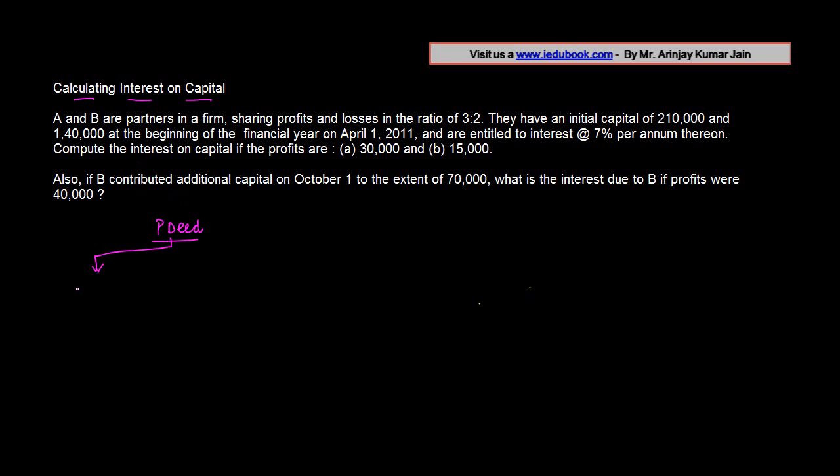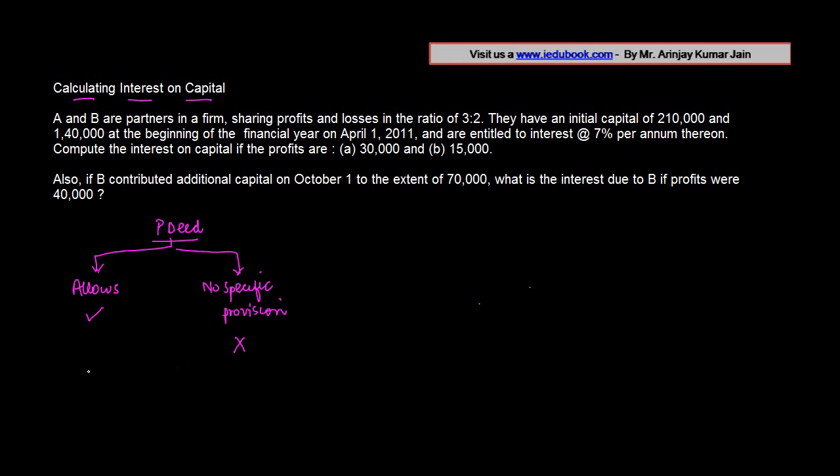So if the partnership deed allows interest, then you have to give it in terms of the relevant clauses. But if the partnership deed does not specifically provide, no specific provision, then no interest on capital is allowed.